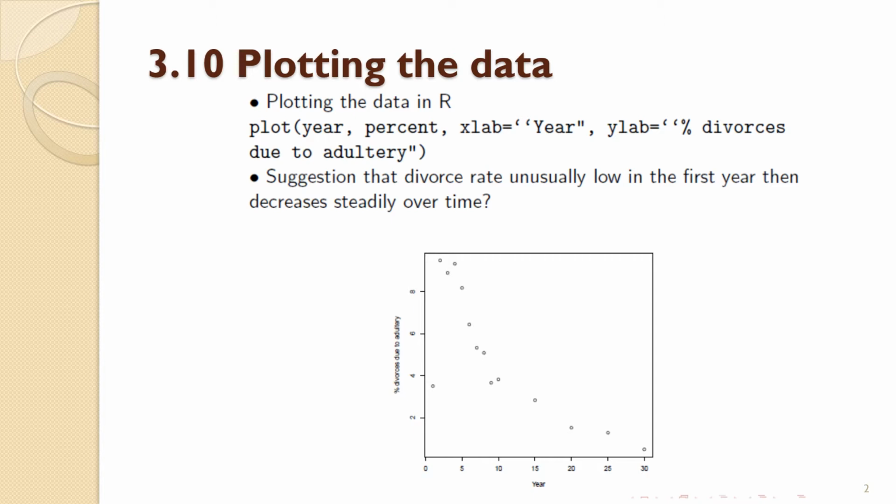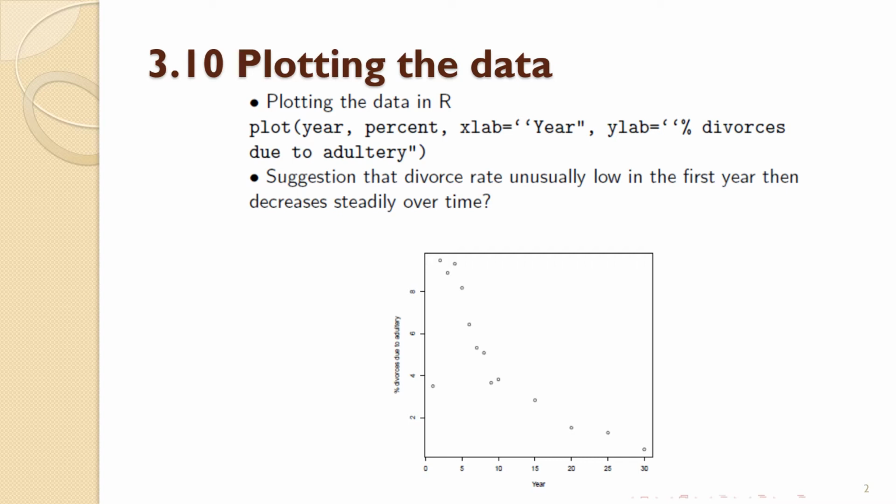So rather than the initial interpretation in the newspaper, which was that the divorce risk peaked in the second year then decreased thereafter, I think it's possibly safe to say that the divorce rate is unusually low in the first year and then decreases steadily over time.